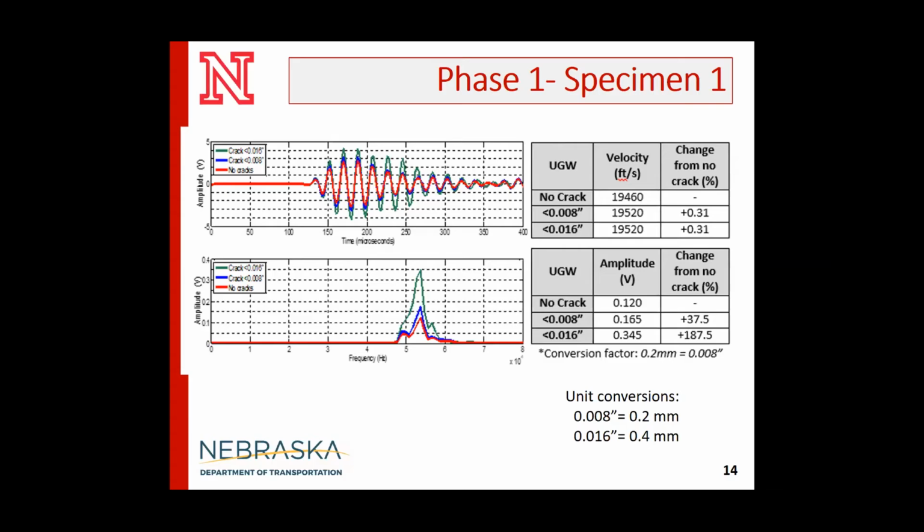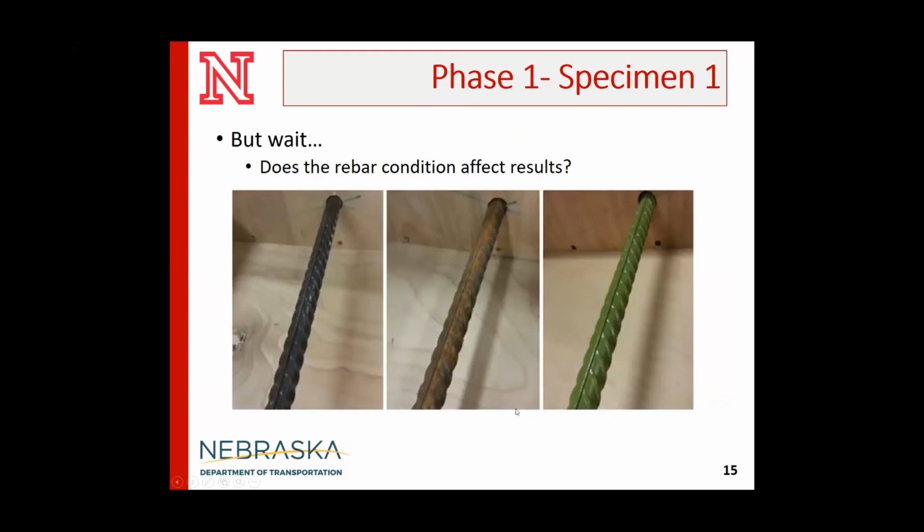We also then got excited, well, we can probably dial this back and maybe look at corrosion, which I'll talk about in a second. Since we're touching the rebar, some of you are familiar with different techniques, and may have had half-cell potential flashbacks. So does the rebar condition affect results? We created the same specimen with 3 different bars. On the very left, you see the clean bar, a rusted bar, and an epoxy-coated clean bar.